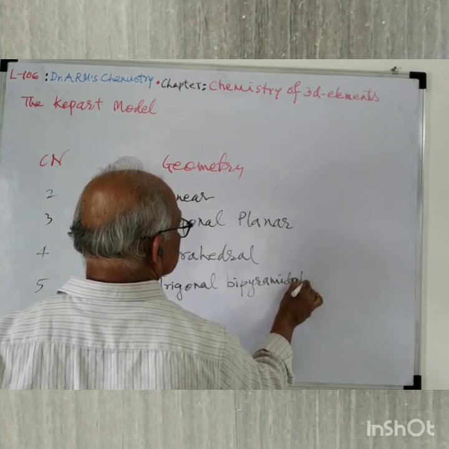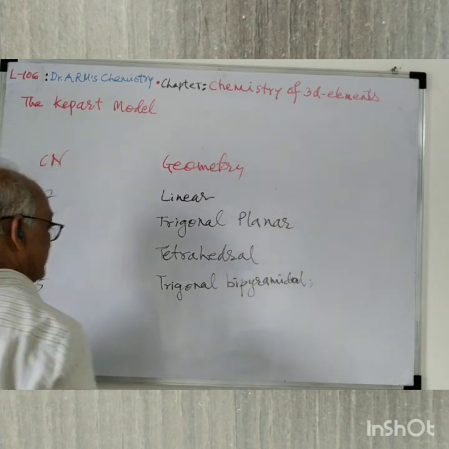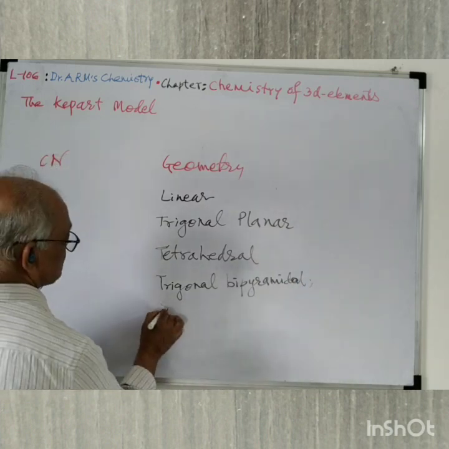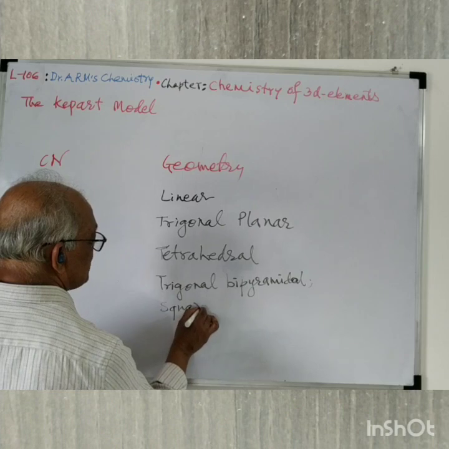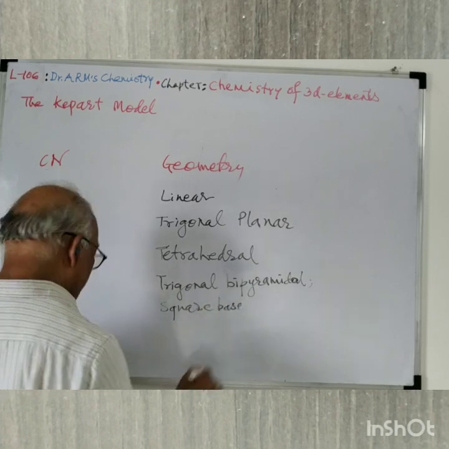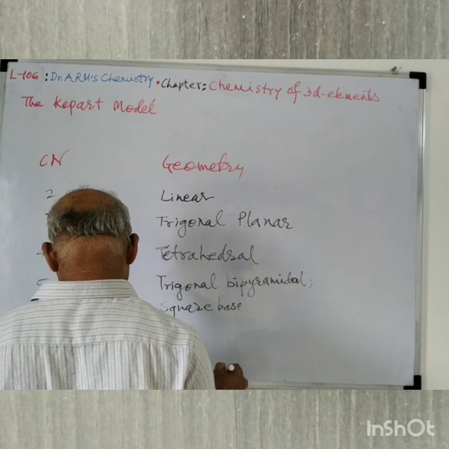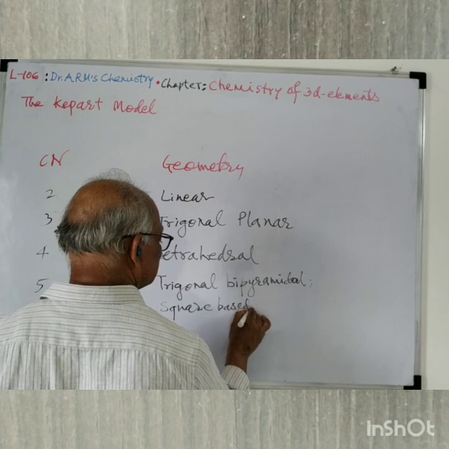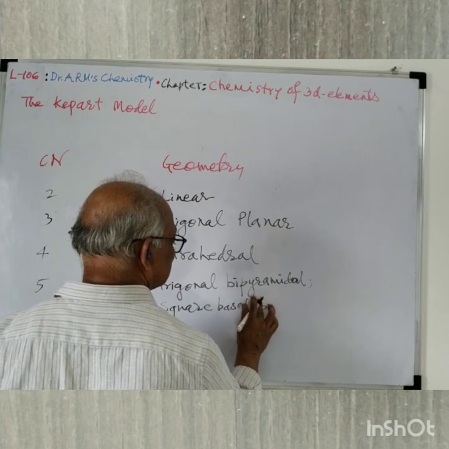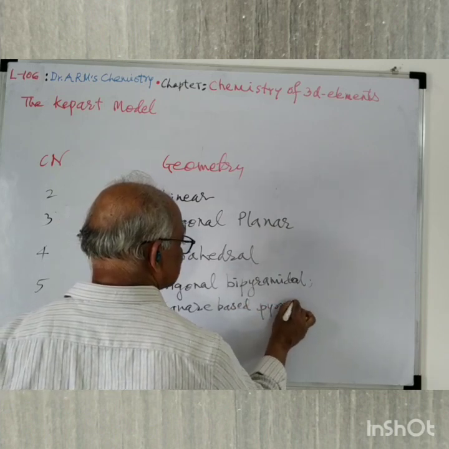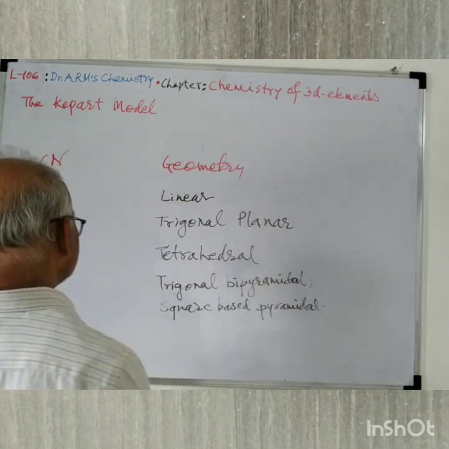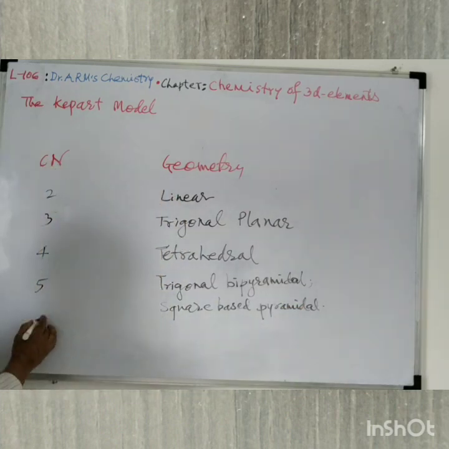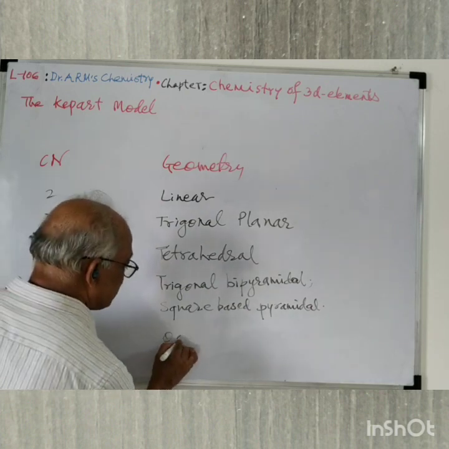and square based pyramidal, so there are two options. Then when the coordination number is 6, the geometry is octahedral.